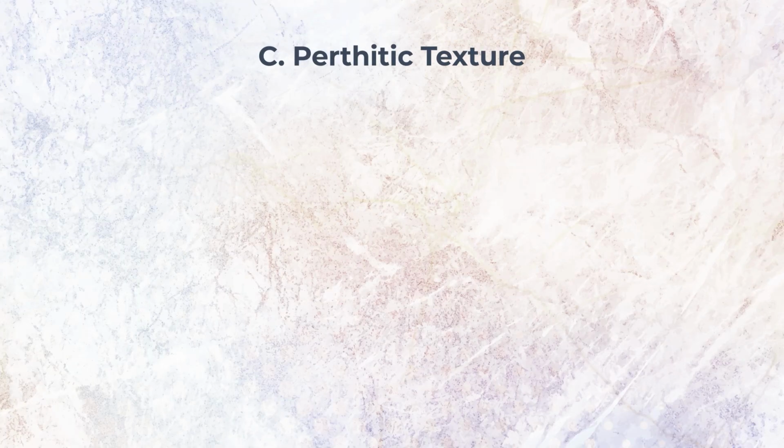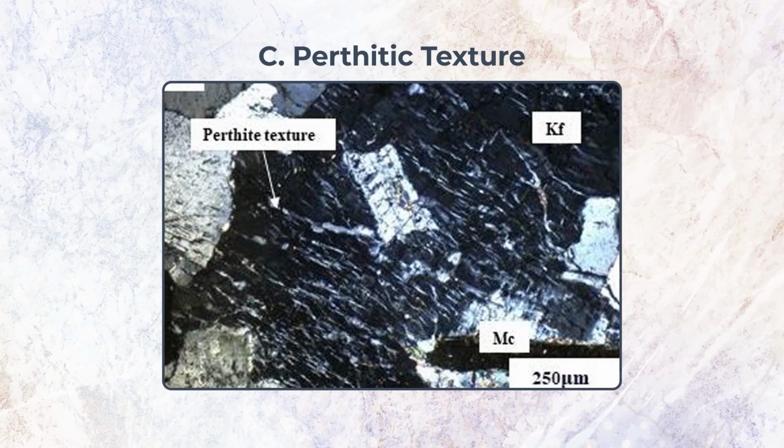Now perthitic texture can be seen under the microscope, where you find small lamellae grown inside a host of K feldspar.